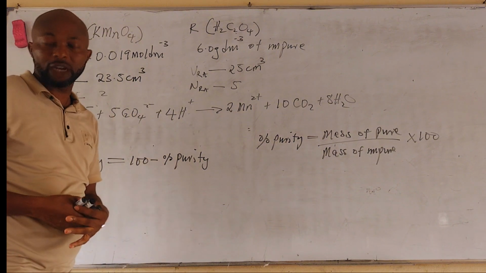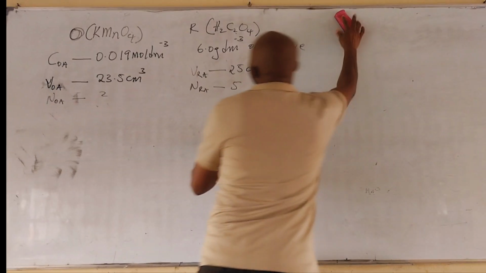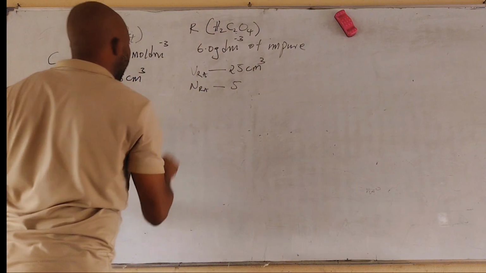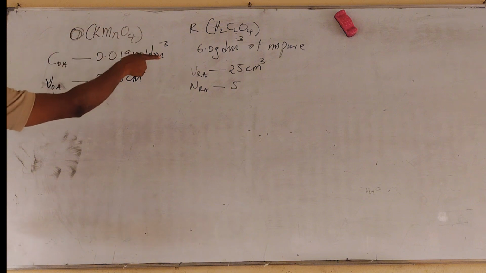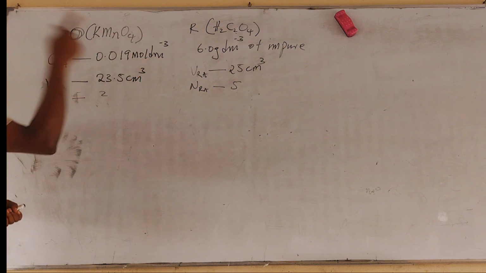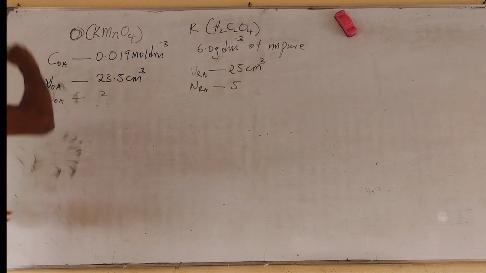So let's begin with the calculation. I'm going to take this out. From here, I want to get the molar concentration of the ethanedioic acid so that I can get the mass concentration of the pure ethanedioic acid. Then I can proceed to get that one.